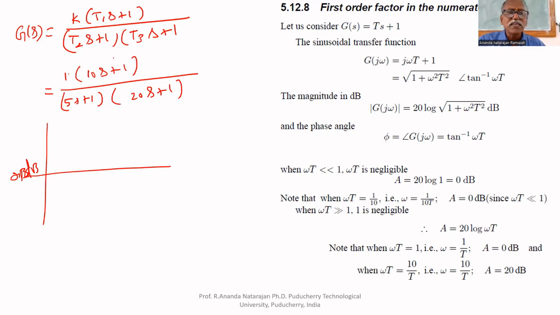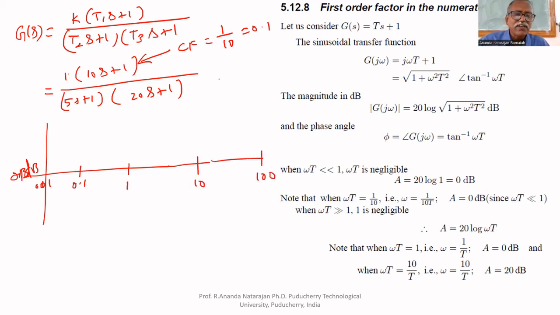What is the plot for this 10s plus 1? What is the corner frequency for this? The corner frequency is 1 by 10, that is equal to 0.1. Let us say this is 0.01, this is 0.1, this is 1, this is 10, this is 100.